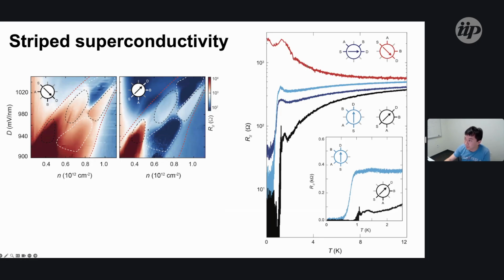But most interestingly, when you flow current along the hard axis, orthogonal to the easy axis, the transport response remains highly resistive, even down to the lowest temperature, right? This is actually a very robust response.